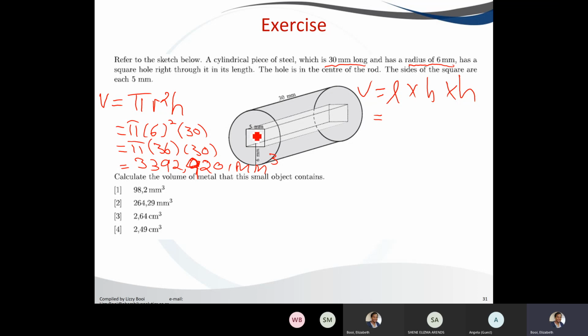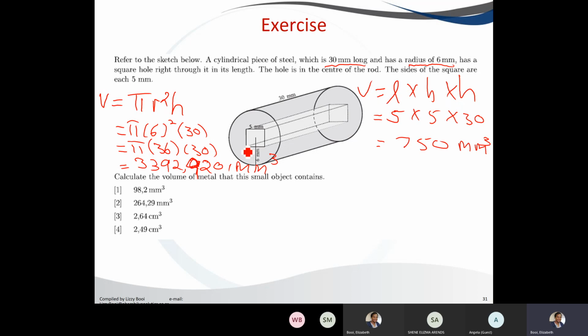The length and the breadth will be the same, and the hole starts from this side and ends on the other side, so the height will be 30. So 5 multiplied by 5 multiplied by 30 gives us 750 millimeter cubed.